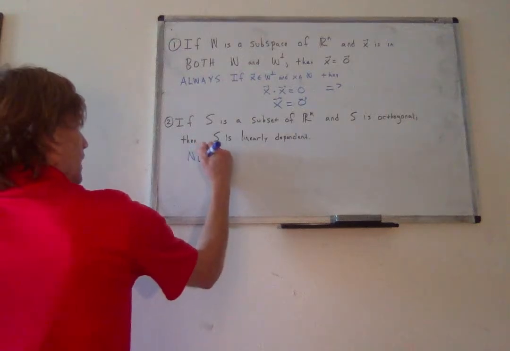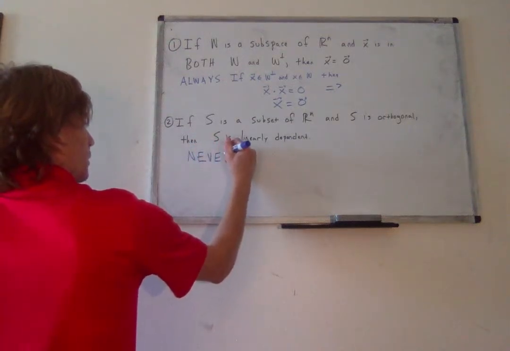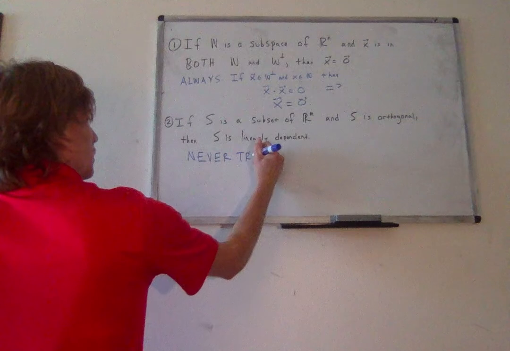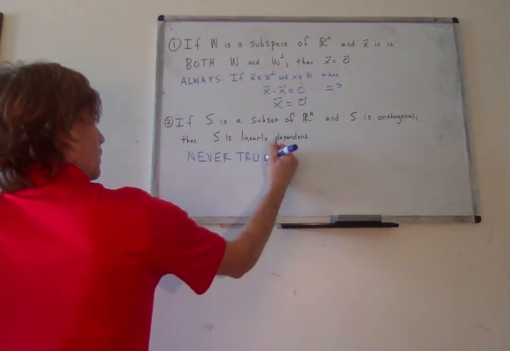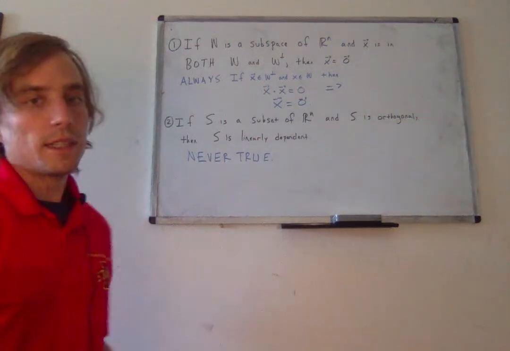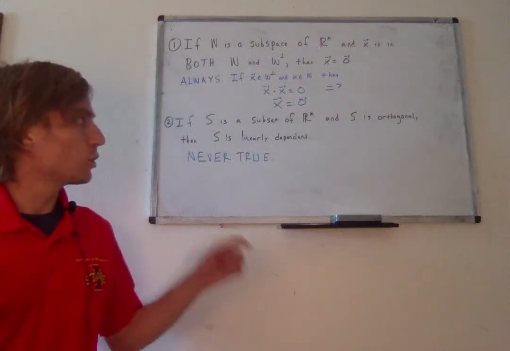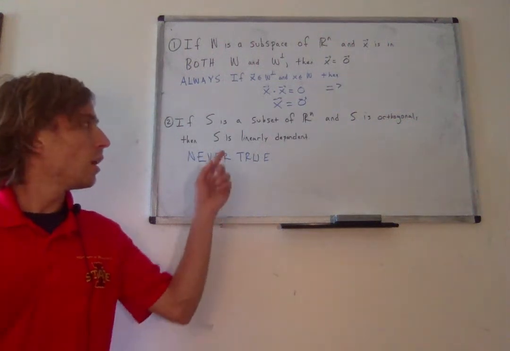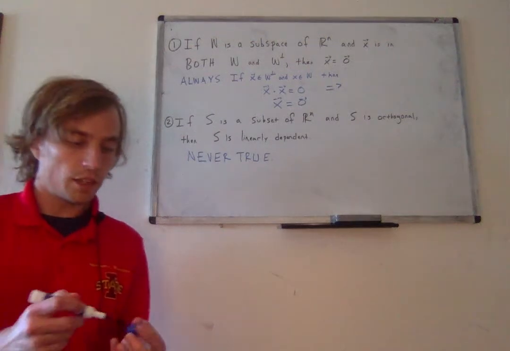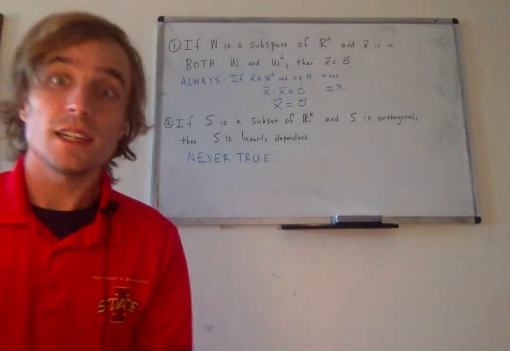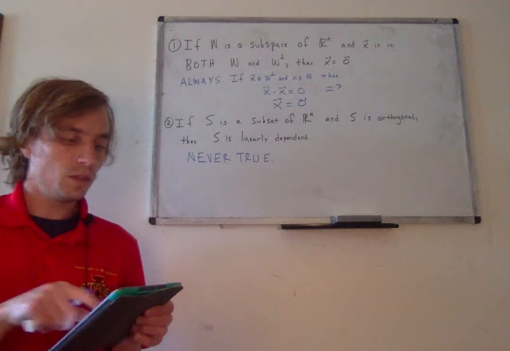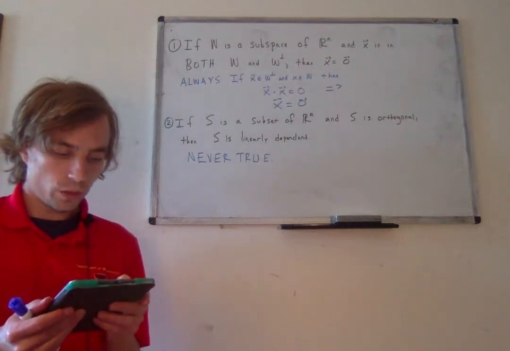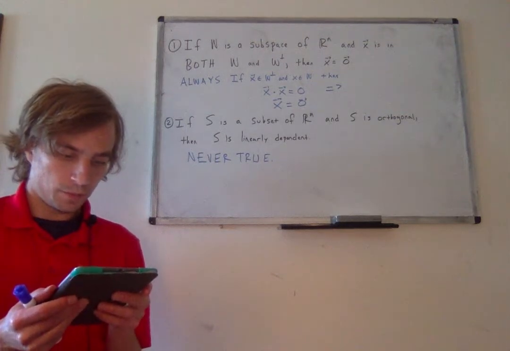Number 2 is actually never true. The reason being is that we actually showed, I think it's maybe even a previous theorem, I want to say. Oh yeah, I've got all the notes right here. I can just check to see if this was in fact a previous theorem where we showed this.